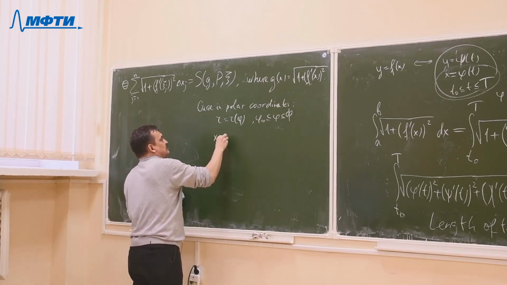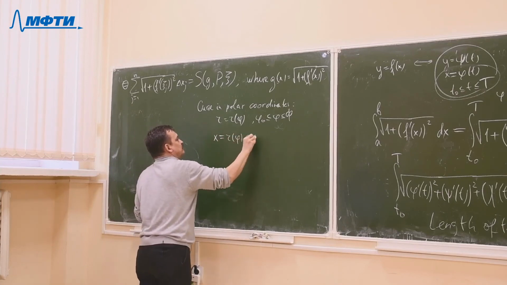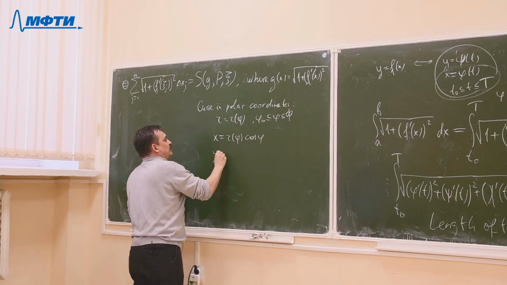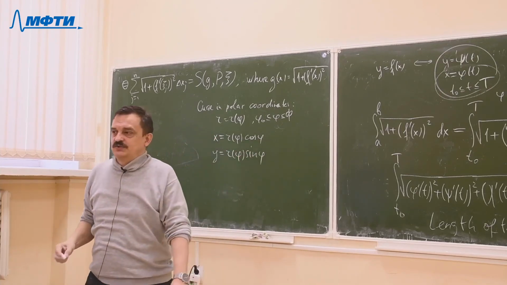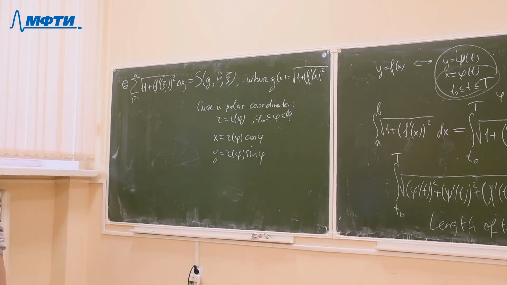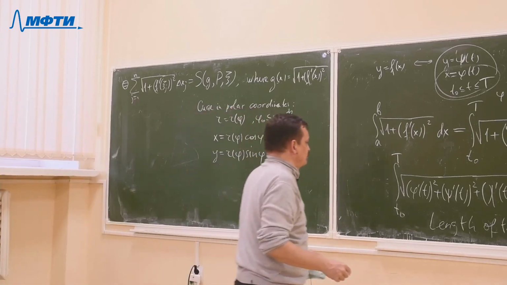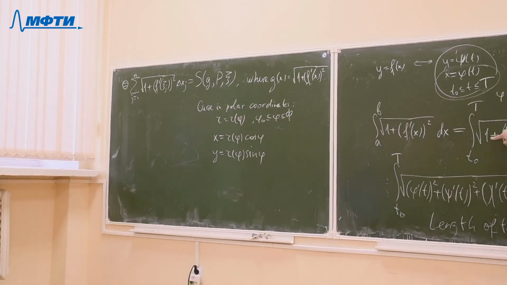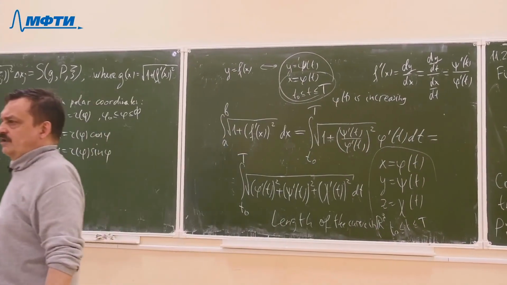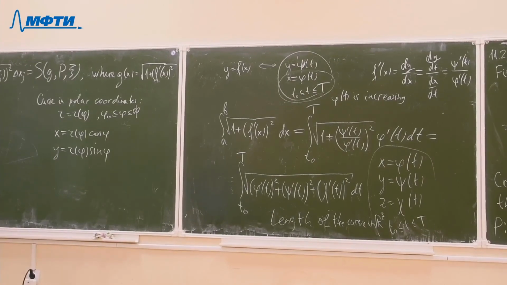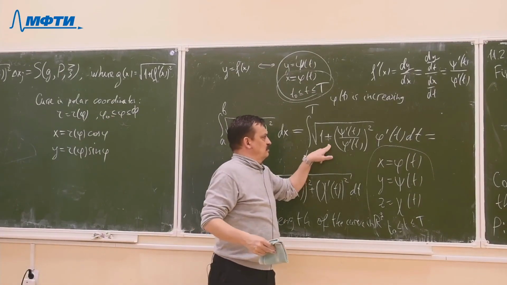So x is r of phi cosine phi, y is r of phi sine phi. And just substitute. Phi prime is not 1 in the last equation; I just multiply by phi prime and it gives that one.